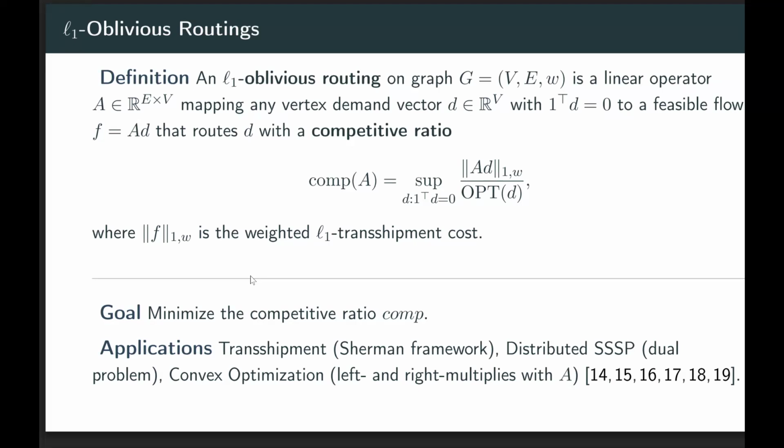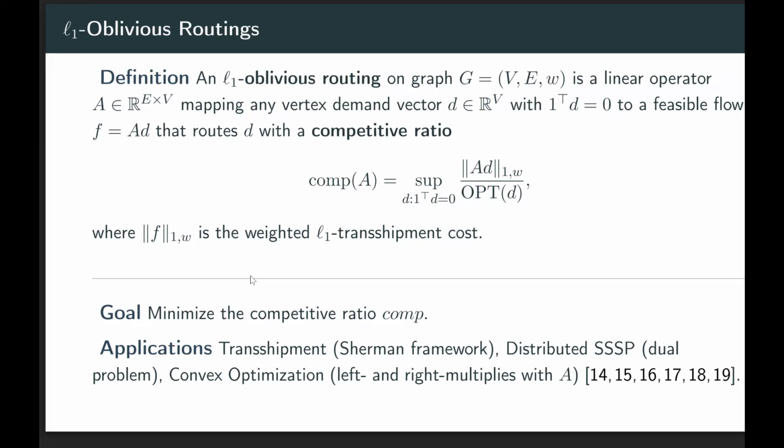It maps to a feasible flow. Wait, what? So what is AD? So okay, maybe we should discuss this first. AD is just a matrix vector multiplication, right? Right. And what you actually do to get A in most results is that F is just a combination of the ST flows of D, right?